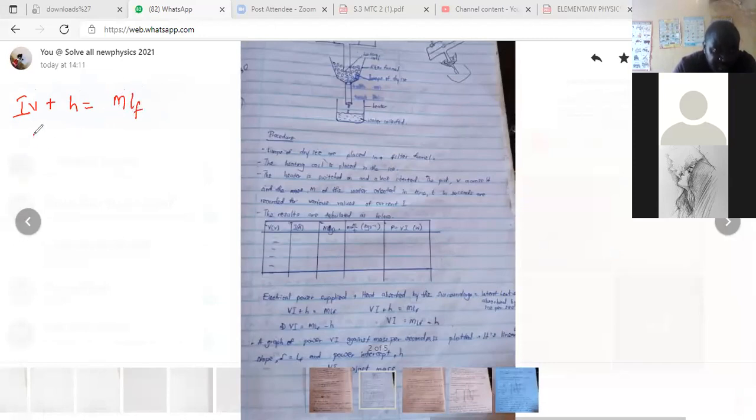Then from here, you can see that power can be made the subject as IV is equal to MLF minus H. Then you can plot a graph of power, IV, against mass per second.